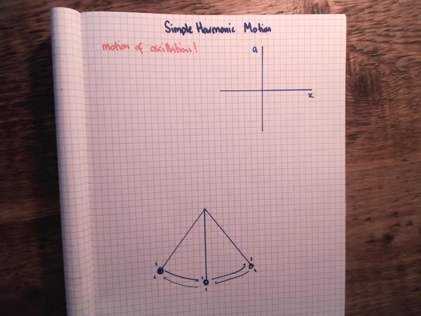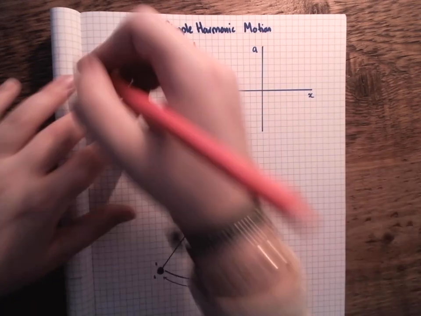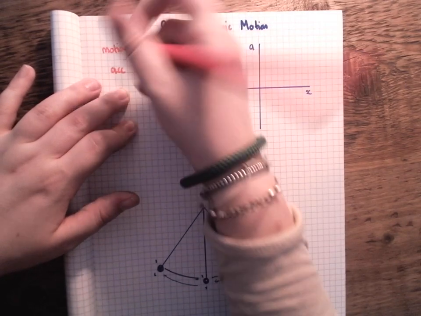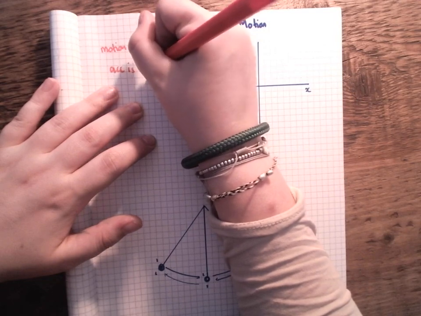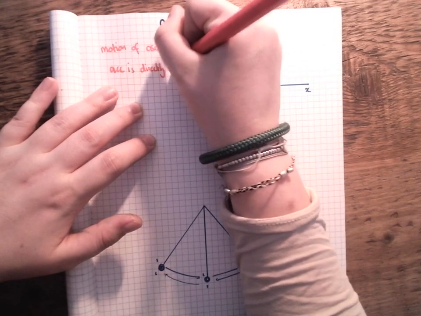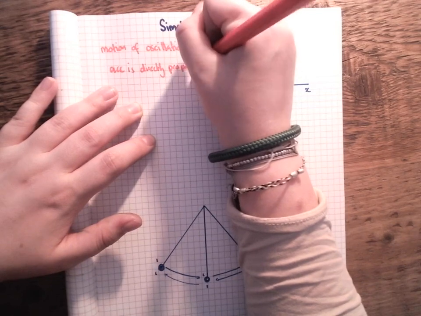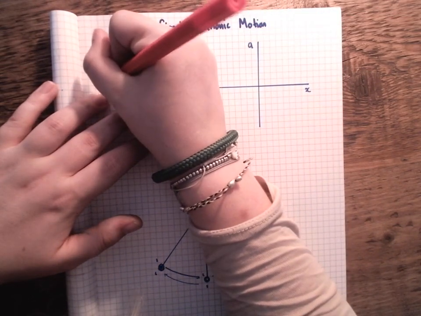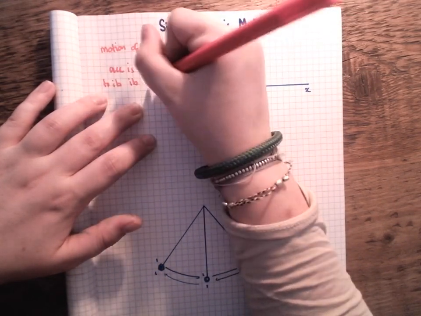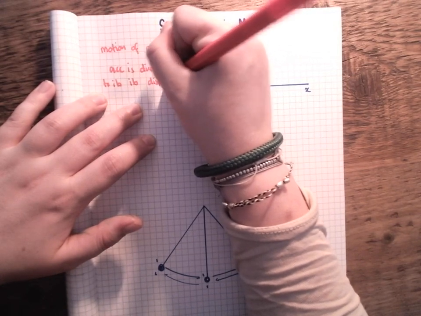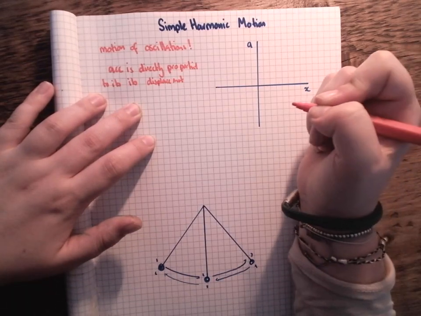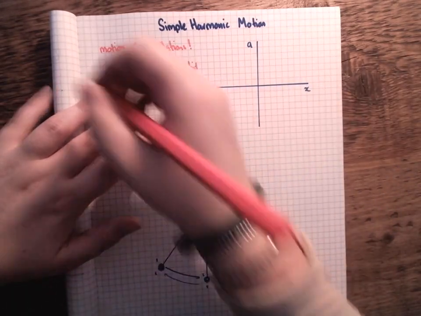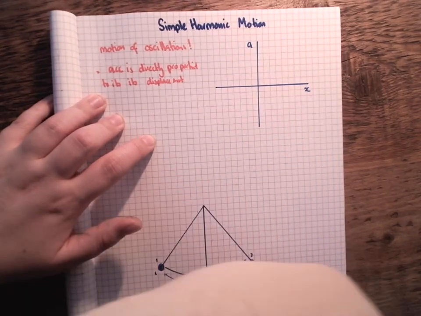And we talk about the oscillation of the acceleration. We say that the acceleration is directly proportional to its displacement from a fixed position, but it always goes in the opposite direction.